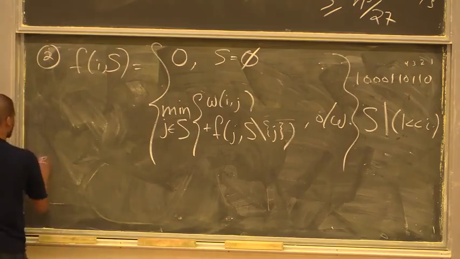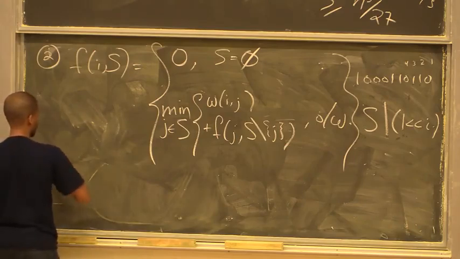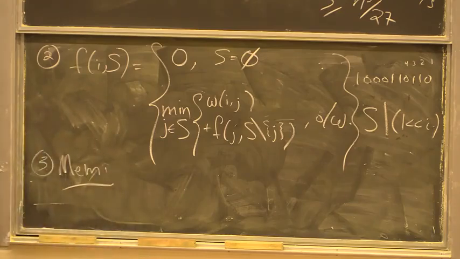And now, let's ask ourselves about the runtime and the memory. First, let's do the memory. How many inputs are there? There are n possibilities for i, and 2 to the n possibilities for S, because there are 2 to the n subsets. In fact, even 2 to the n minus 1, because we know 1 is never going to be in there.